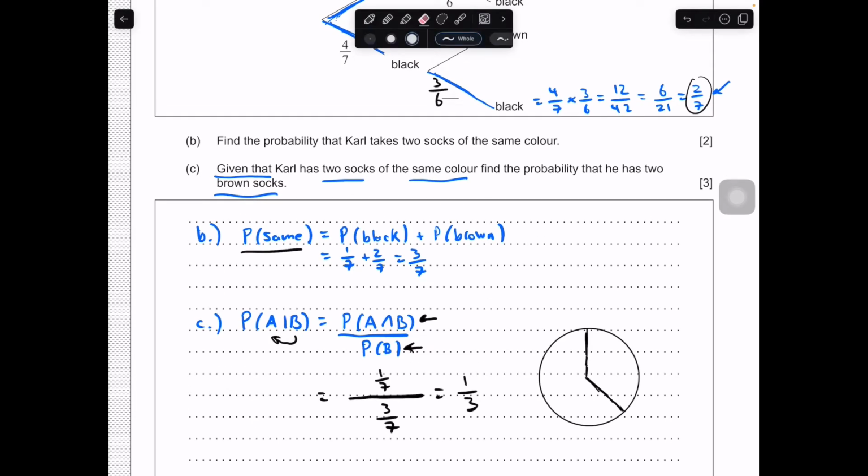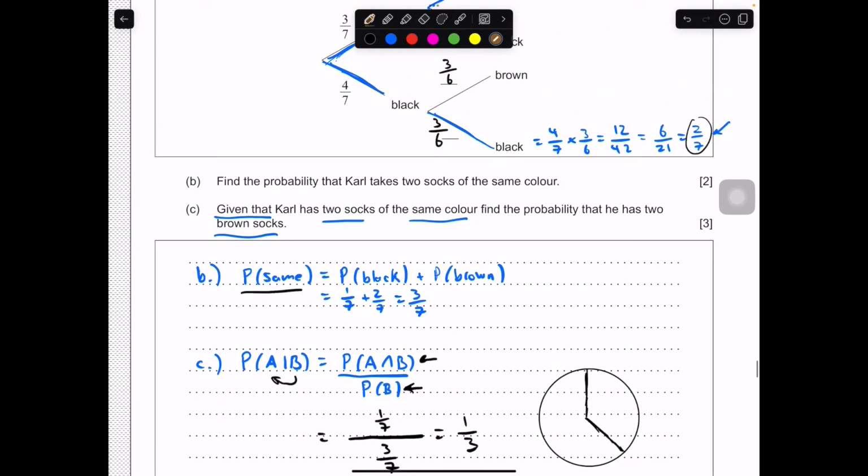This is the probability that he has the same color. 1/7 of the time he has brown socks, and black socks would just be within here, 2/7.